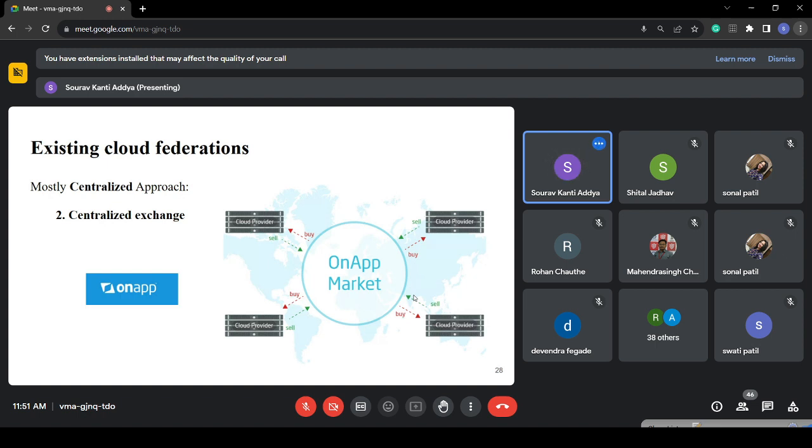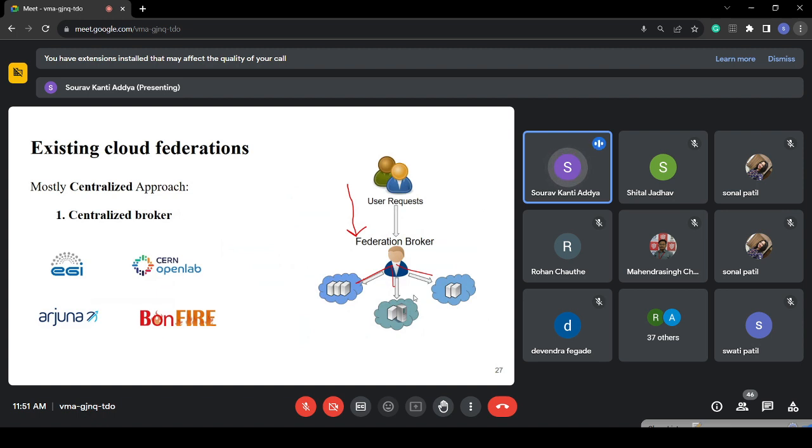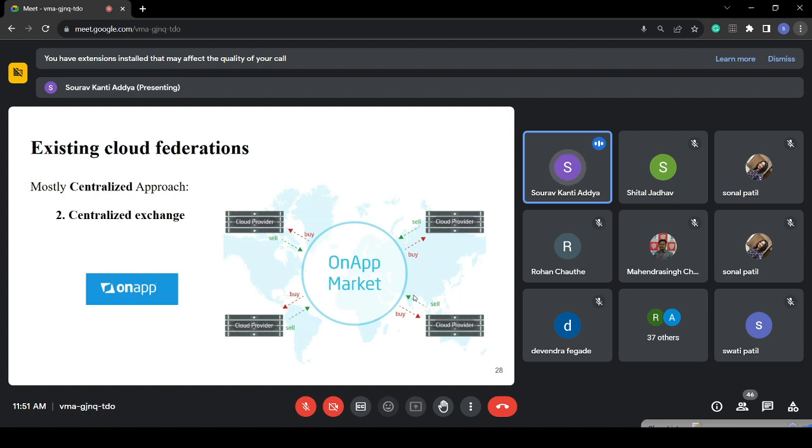Now the user can choose based on budget, technical requirement and other things. So here no one is deciding for you, whereas in the earlier case the broker decides based on your request. Here no one decides what to purchase, but there is a centralized place.